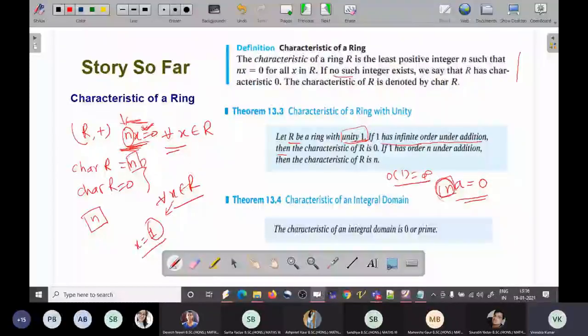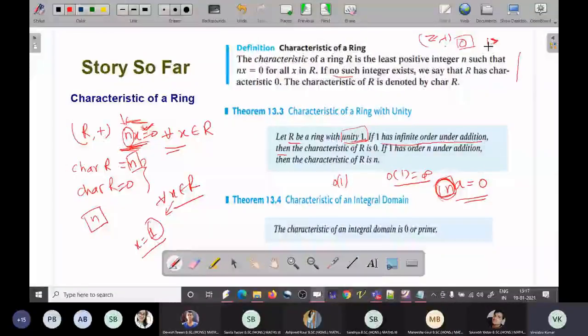We can take the additive group Z under addition. We can talk about the order of each element. The order of the identity is 1, because the additive identity is 0, but what about the other elements? The elements are 1, 2, plus minus 1, plus minus 2, and so on.